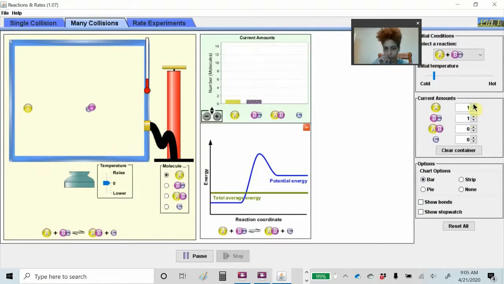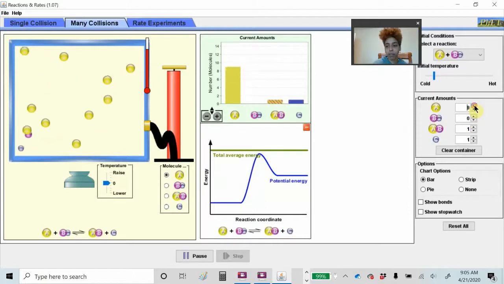Notice that we don't have enough molecules for our reaction to occur. But let's raise our temperature enough that we are actually at or above our activation energy, right? Let's add some more molecules.